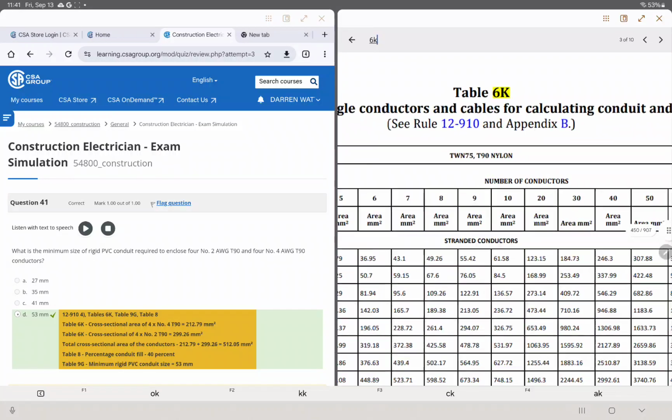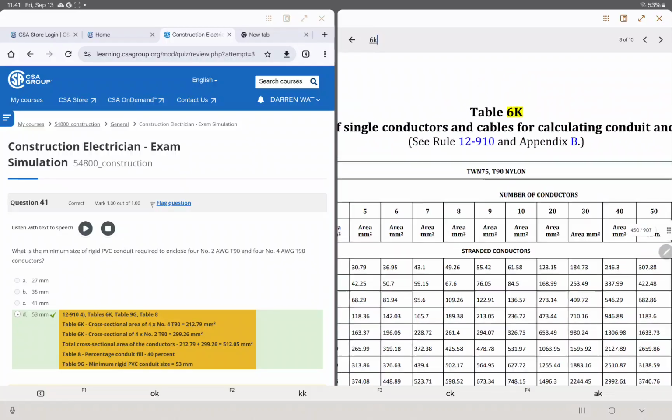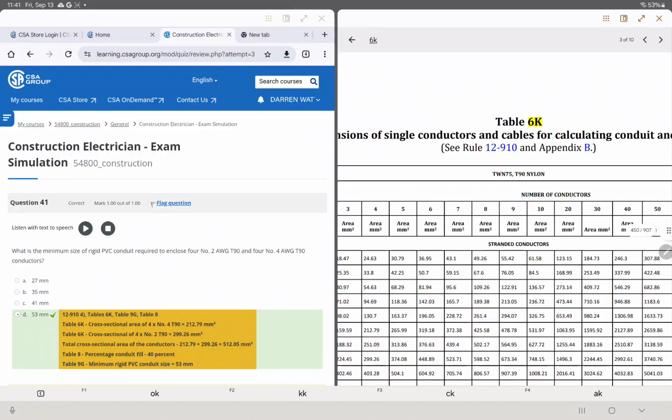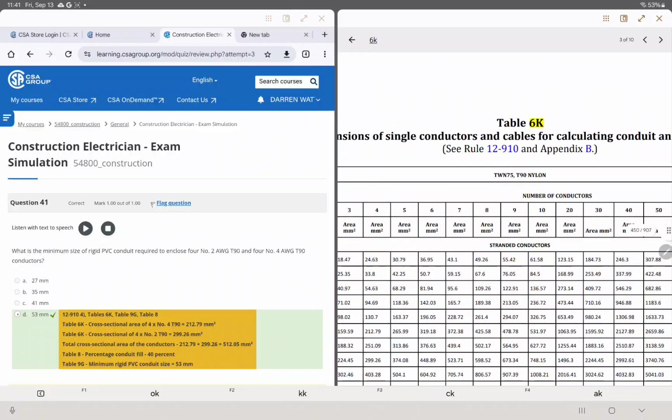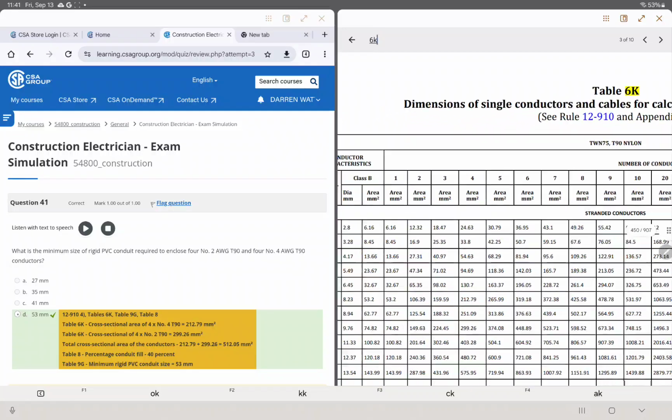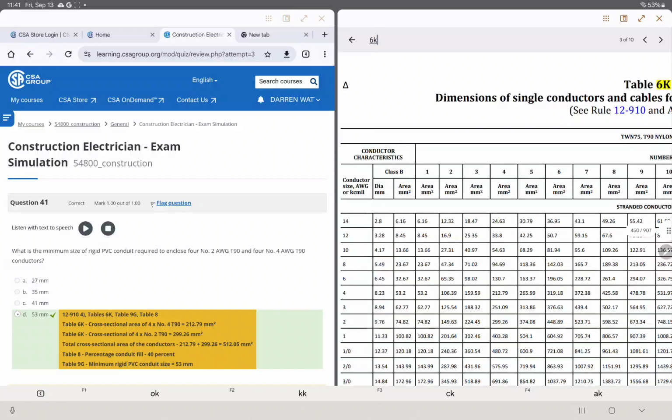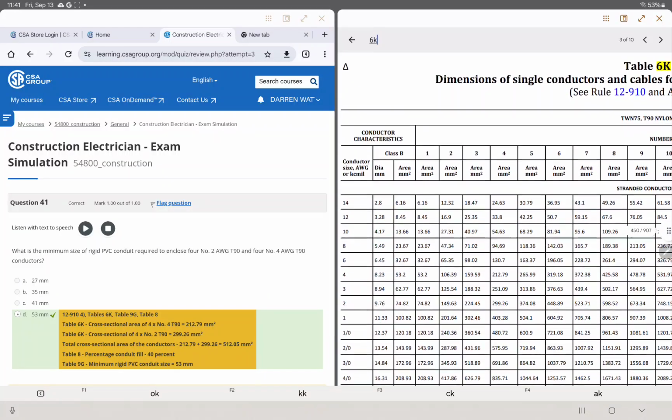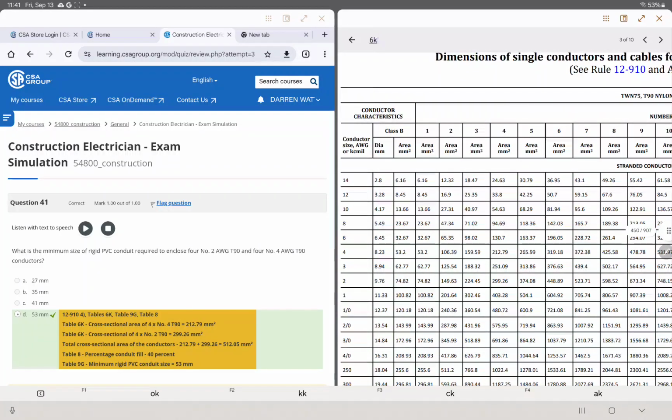So we're looking for T90. We got T90 nylon here, and we're looking at 4 of them. For number twos, this is the section for 4 at the top. And we're looking at number 2 gauge. So for number twos, we got 299.26 millimeters squared.